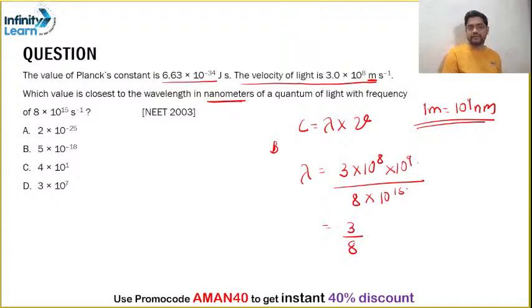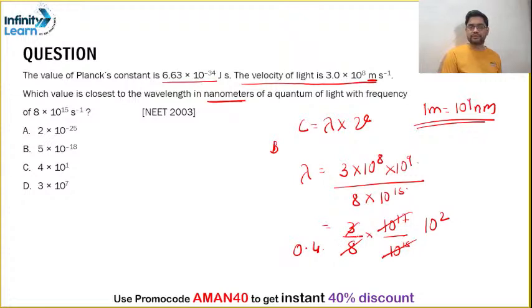So this will be 3 by 8 into 10 raised to 17 over 10 raised to 15. It will give you 10 raised to 2 value. So this is approximately how much? 0.48. 8 fours are 32, so around 4. Yes or no?